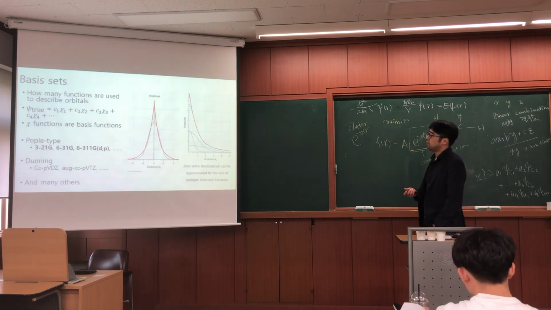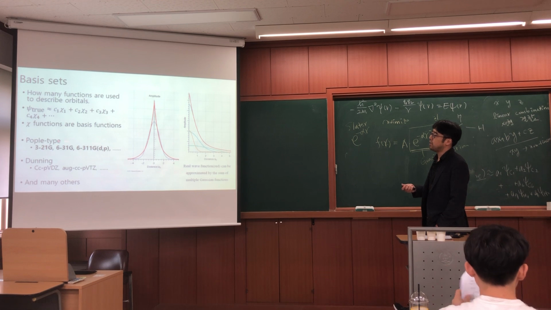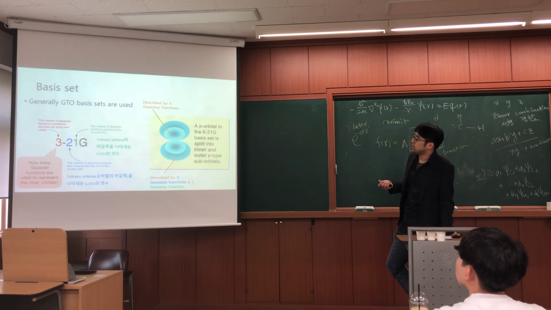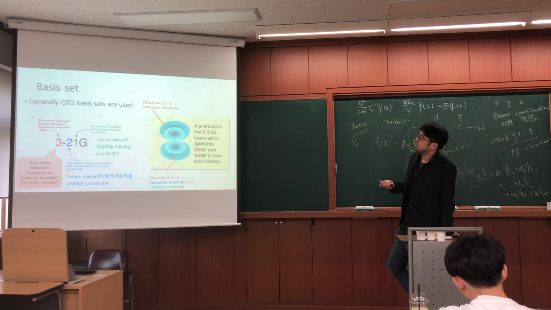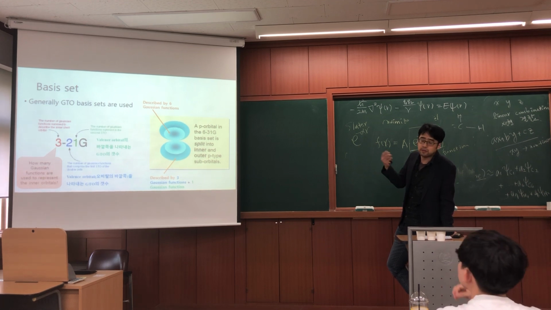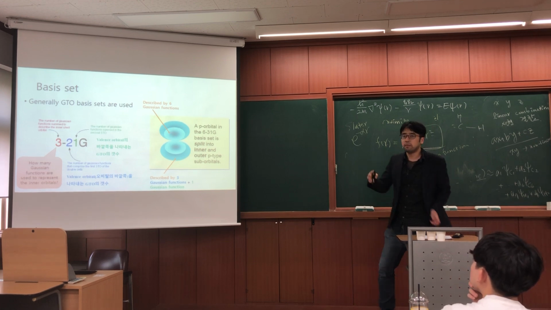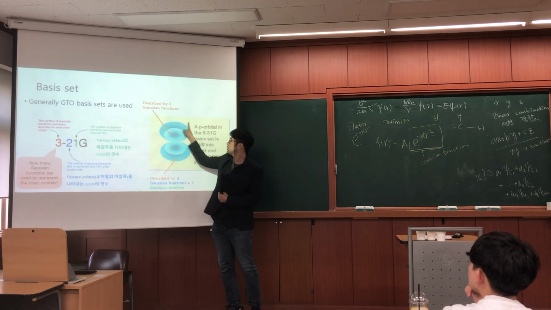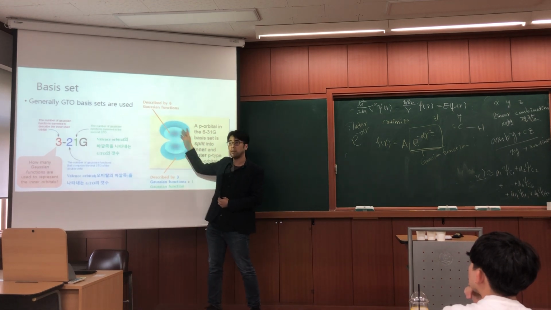So you will see this kind of keyword very frequently, so let's look at what it means. Let's assume there's a 321G keyword. The 321G keyword means that when we do quantum calculations using Gaussian or other quantum packages, we divide the whole orbital into two. So this is the p orbital.